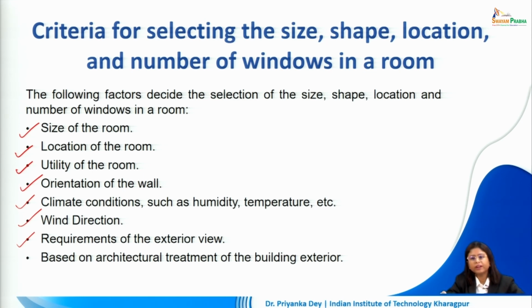Let's say we are providing windows in a living room and we want a beautiful view of the garden outside. Accordingly, we would select a particular type of window design, or the size or area of the window will be changing accordingly. Now, based on the architectural treatment of the building exterior also, we might go for a certain shape or size of window and give it a certain look.